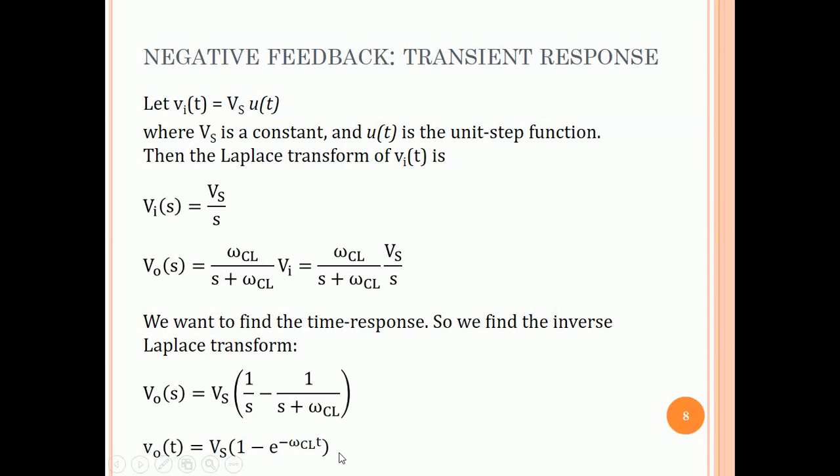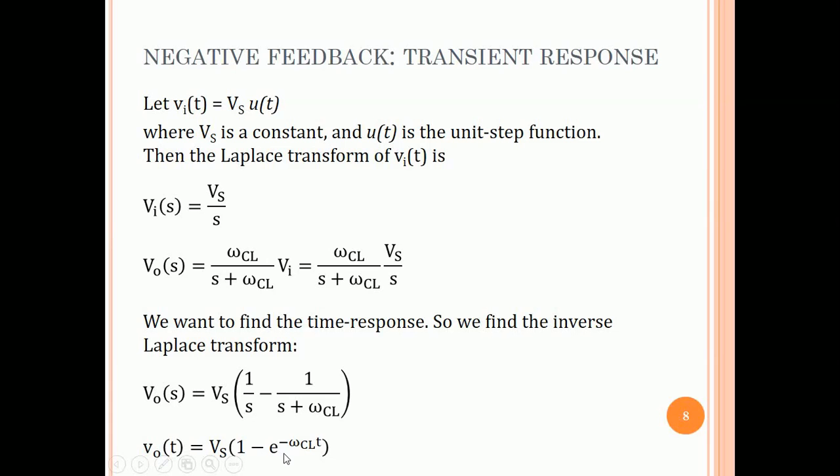We take the inverse transform. VO of t will be Vs times 1 by S, which is just 1, and 1 by S plus omega CL, the inverse Laplace transform is e raised to minus omega CL t. And there is a minus here. Alright, so this we are familiar with. We started with a single pole transfer function. We apply a unit step to a single pole transfer function.